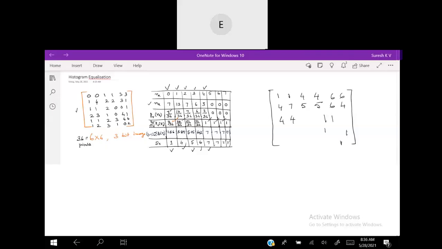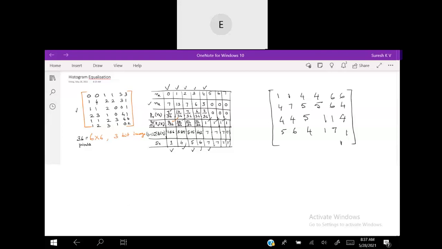2 is 5 and 1 is 4. 2 is 5. 3 is 6. 1 is 4. 3, 1, 0. Then 4 is, this is what? 7.